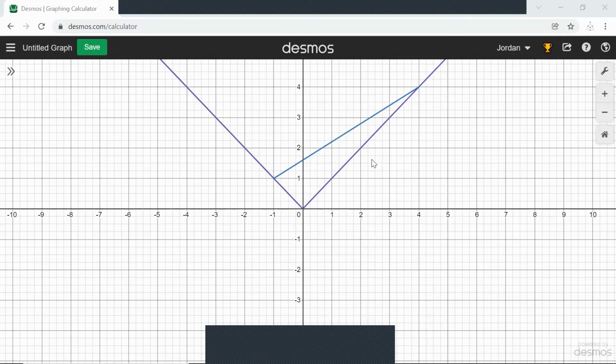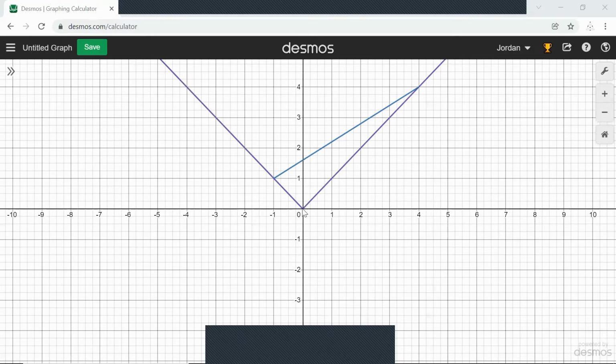So the instantaneous rate of change is always either -1 or +1. Now at 0, the instantaneous rate of change does not exist because we have a sharp corner.